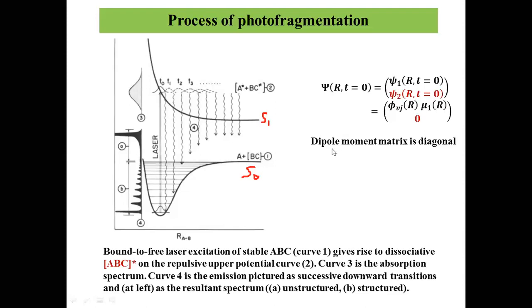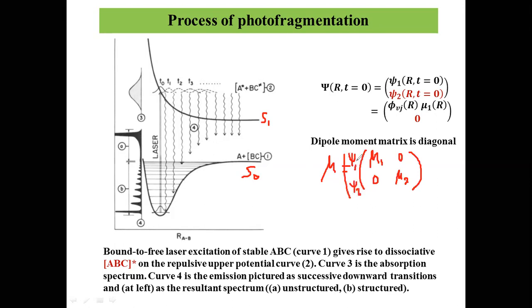This we can do because the dipole moment matrix is diagonal. So in a sense, if we think about mu in general, that is going to be something like mu1, 0, and then 0, and mu2. This mu2 is for the excited state. Then we have psi 1 and psi 2, so ground state and excited state.